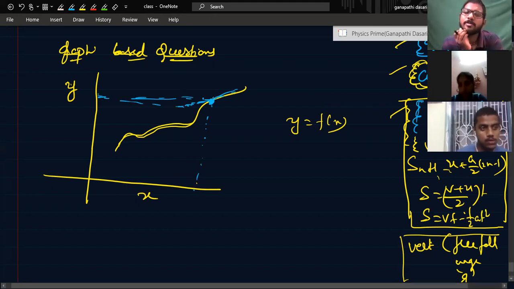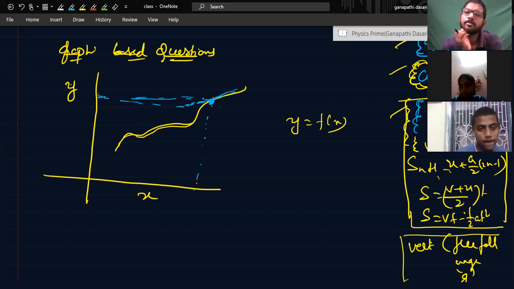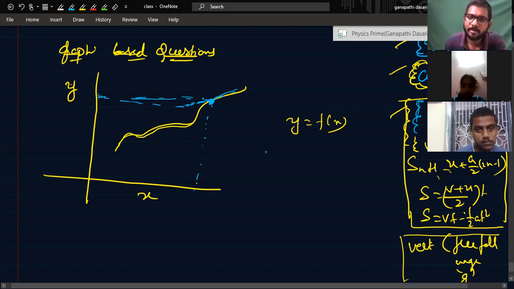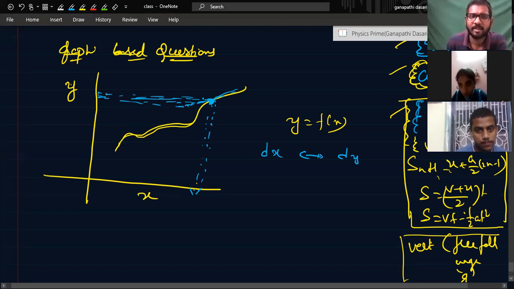Ujjwala, what is its slope? dy by dx. Y2 minus y1, but that limit should be very small. When you ask about a particular point, we limit it to a very small area. For a change in x, there will be a change in the function y.